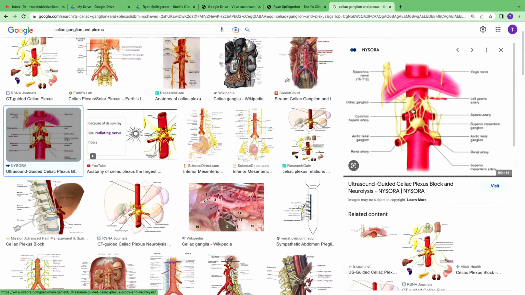For example, here we can see the celiac ganglion and how these ganglia are connected to each other, and they also have nerves coming out of them, right? Parasympathetic and sympathetic nerves. So yeah, this is our huge abdominal ANS plexus. Questions regarding that? No.